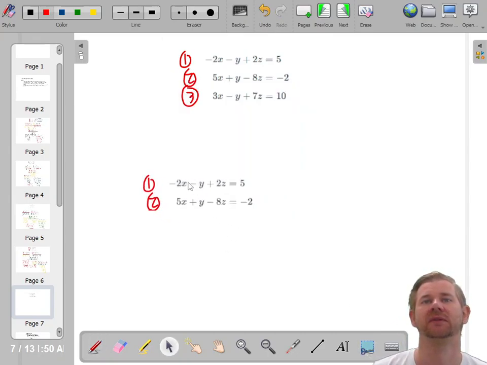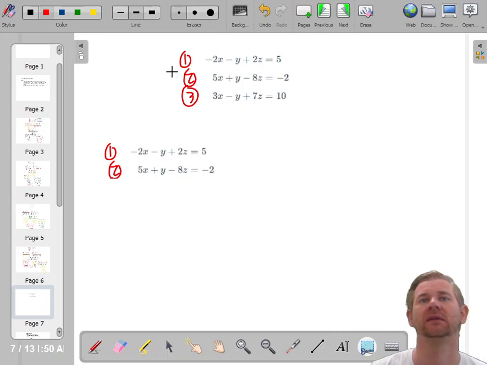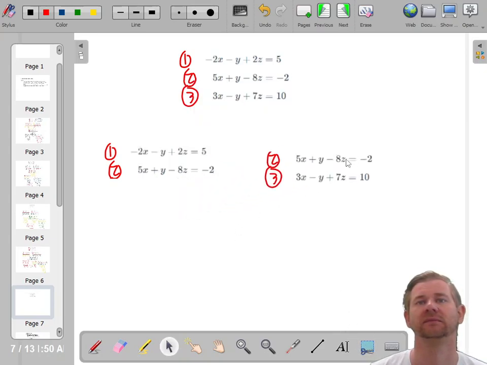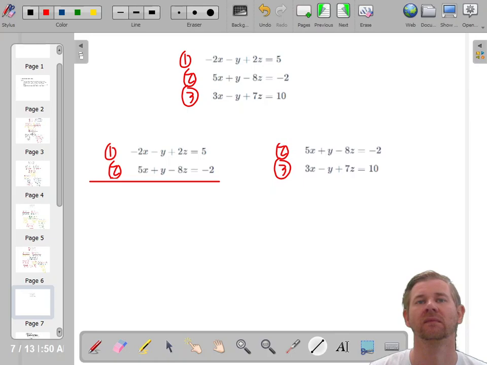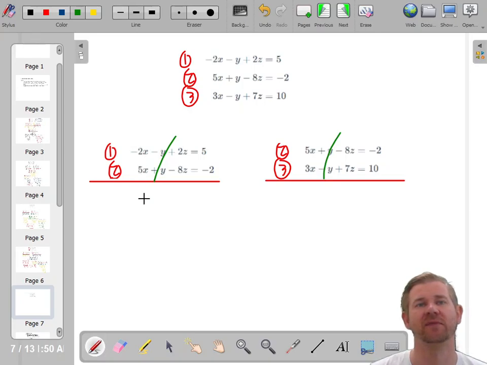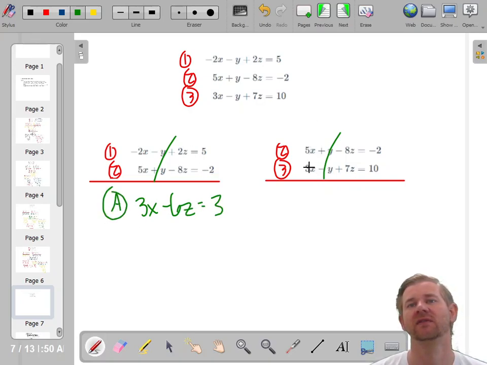We'll take the top two, and then we'll take the bottom two. So both of these equations, y goes away, that's good. 5 minus 2 is 3x. Negative 8 plus 2 is negative 6z. And 5 minus 2 is 3. That's my A equation. 5 plus 3 is 8x. Y's go away. Negative 8 and 7 make negative 1. 10 minus 2 is 8.